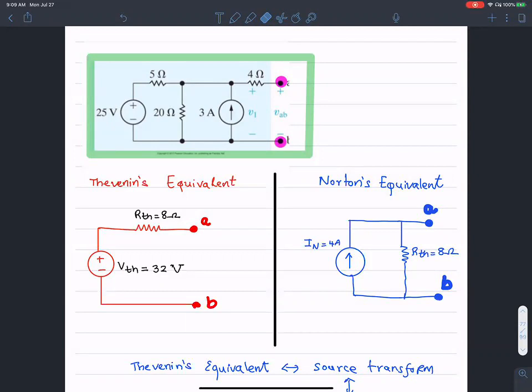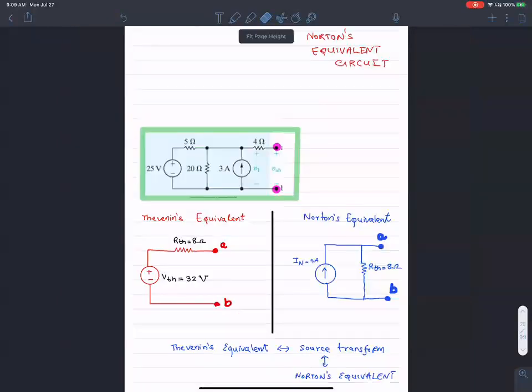Similarly, a Norton's equivalent is a current source and a parallel resistance that represents an equivalent representation of a complicated circuit. Okay? Questions, please. Questions so far.